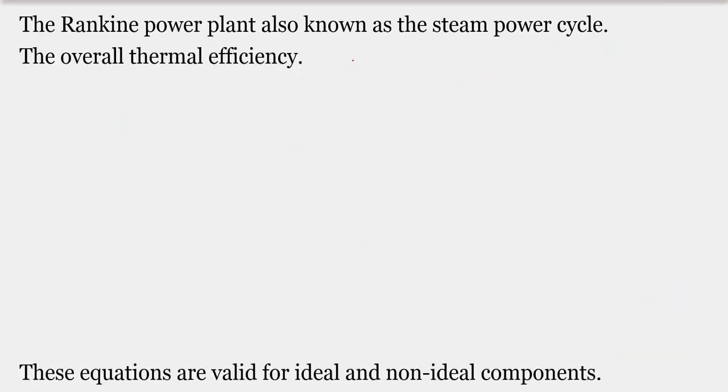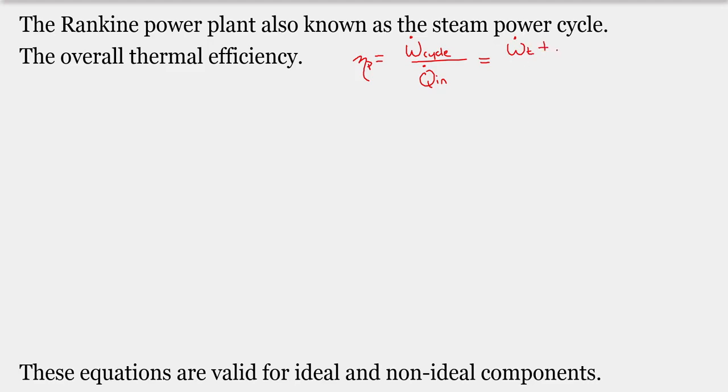Okay, so the overall thermal efficiency, remember, for any power plant is defined by the work out of the cycle divided by what we paid for to get it, which was the heat transfer into the cycle. And again, we're doing this on a rate basis since that's the form that all of our equations are given on. The net work for the cycle, we need to remember, includes the work that is developed or generated by the turbine.